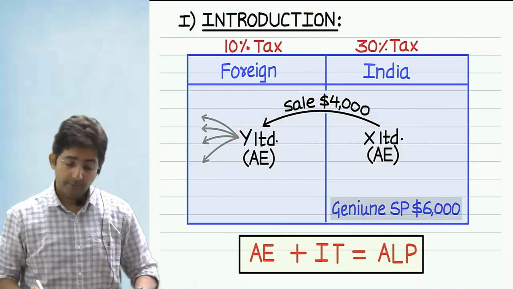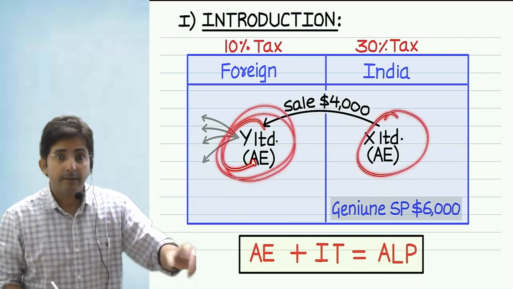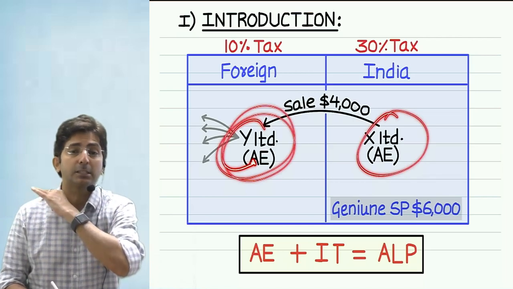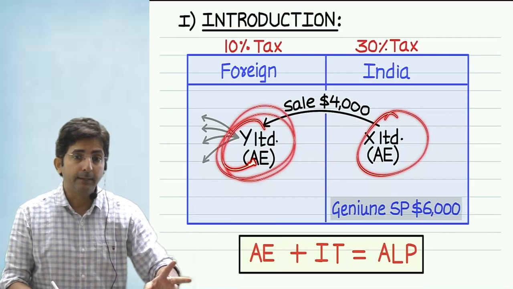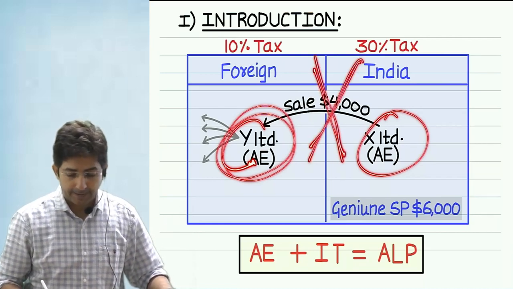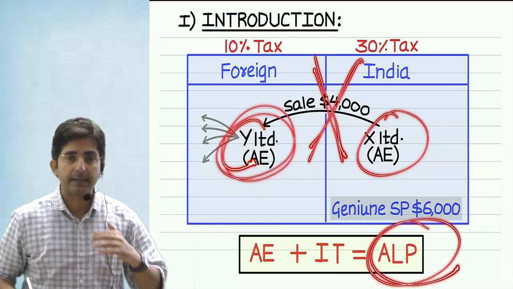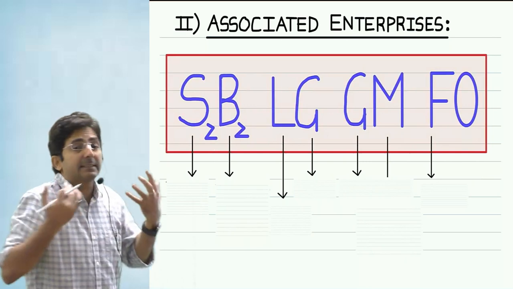But still, whenever X and Y transact, it will be said to be a transaction between associated enterprises. And if it is an international transaction, then your price will be rejected and the arm's length price will be taken as the base. I explained 2 points.